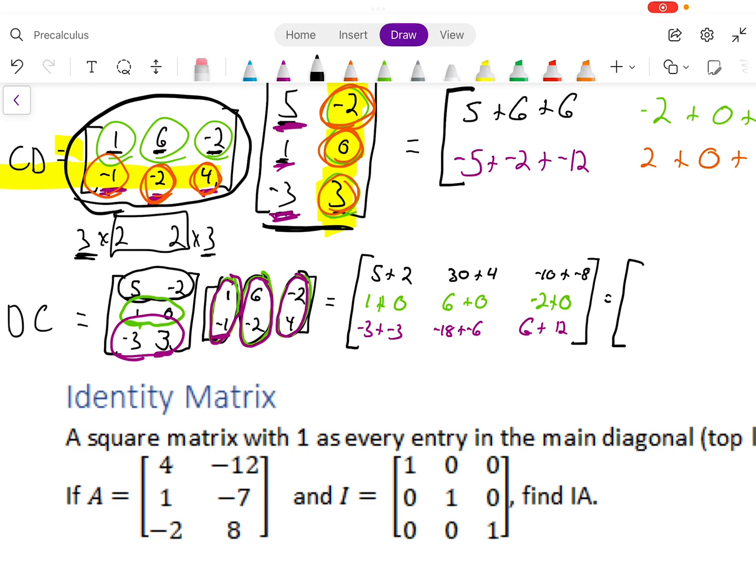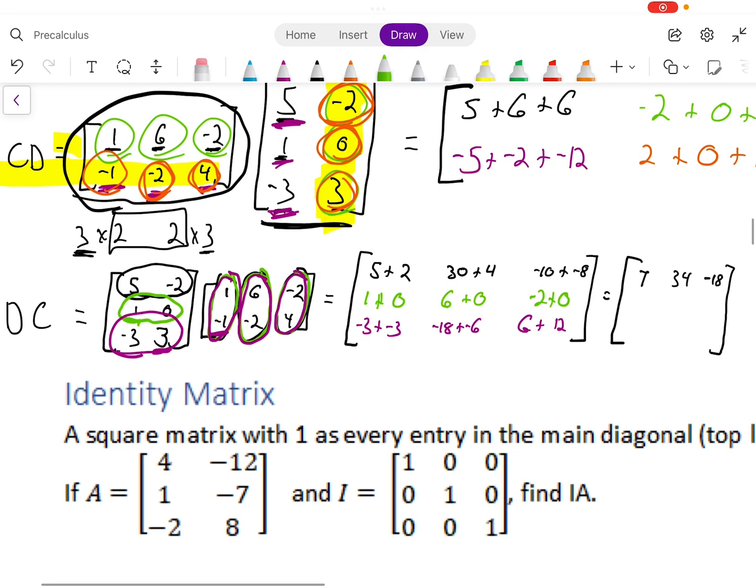We have 7, 34, negative 18. In the second row, we end up with 1, 6, negative 2. And in our final row, we end up with negative 6, negative 24, and 18. So we got a little bit of practice multiplying matrices.